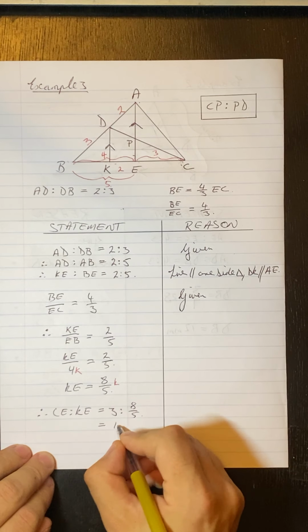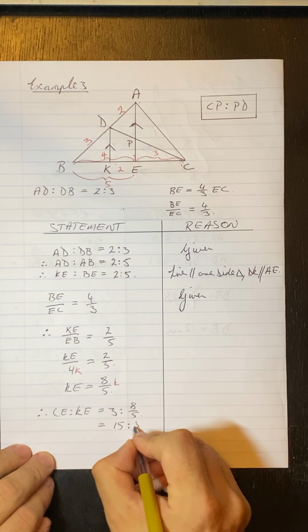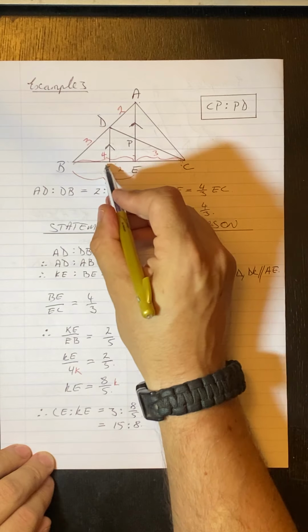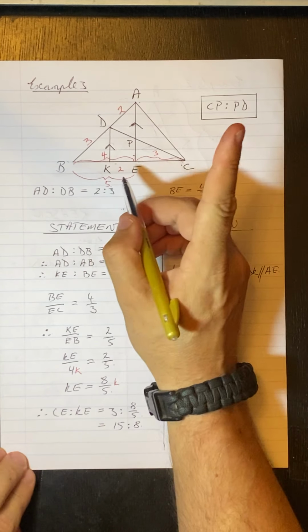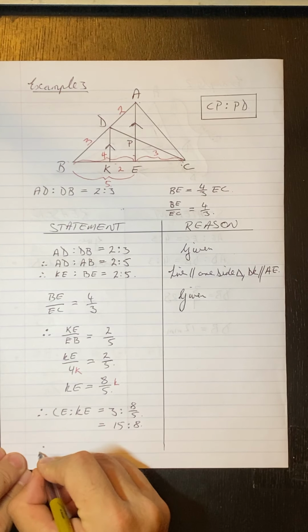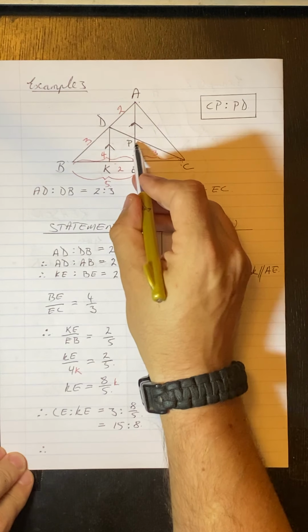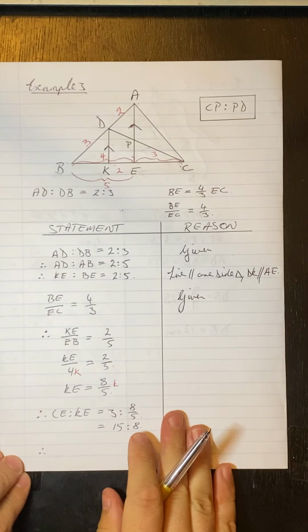So we get 15 to 8 for CE to KE. Now that means CE to KE will be CP to PD.